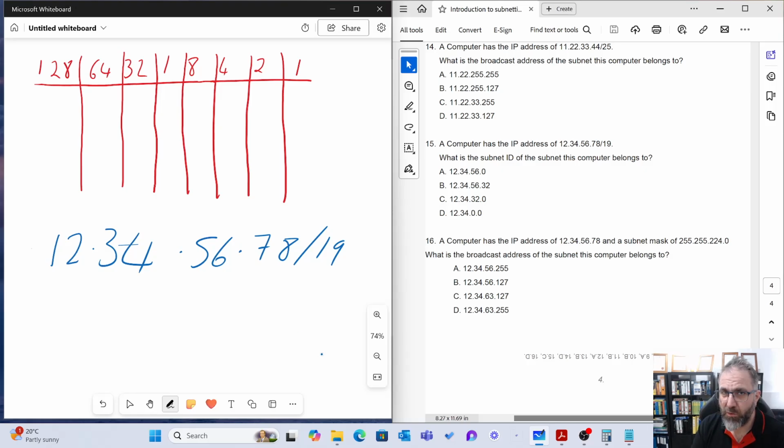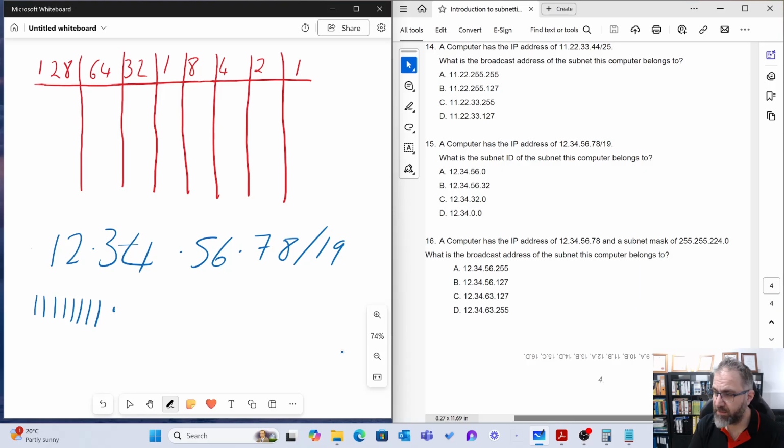Perfect. So first of all, we need to find out what the network mask is. Okay, so we've got 19. This is easy. We count 19 ones. So for the first subnet, 1, 2, 3, 4, 5, 6, 7, 8. Every time we get an 8, we put a dot.